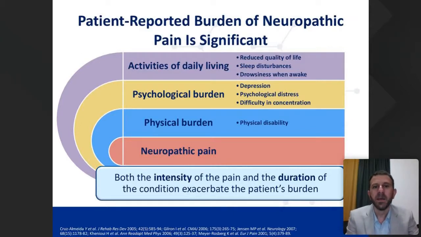Hypertension, insomnia, you're not focusing. People then have psychological burden, the depression, the anxiety of living with chronic pain. And then you've got the disability of the pain. Both the intensity and the duration of the condition exacerbate the patient's burden, meaning that the longer the patient suffers and the amount of pain he suffers makes his condition worse as the length of time goes on.